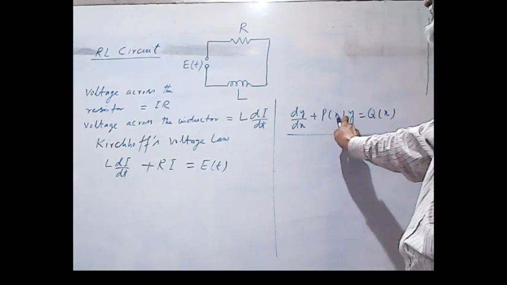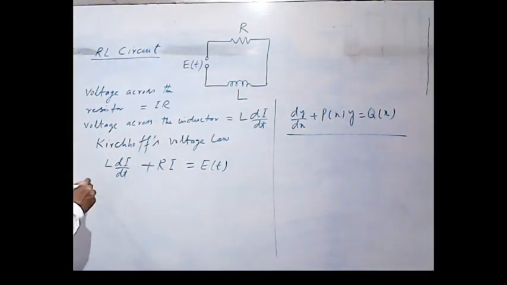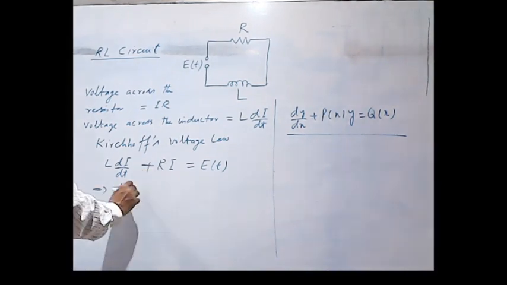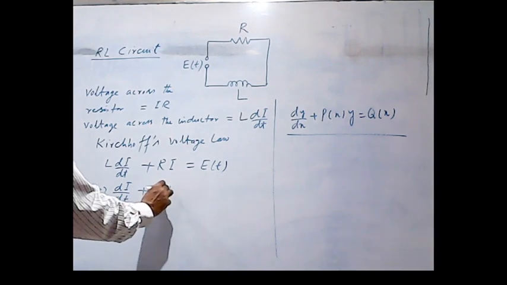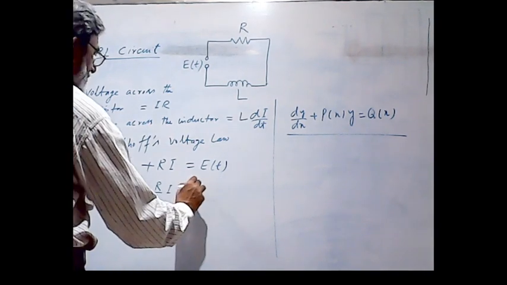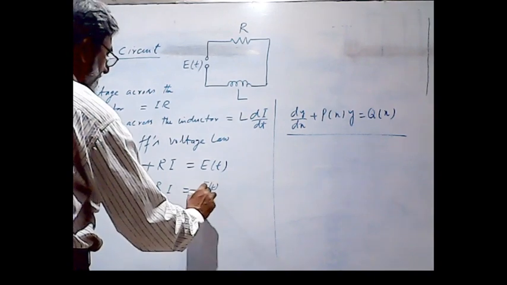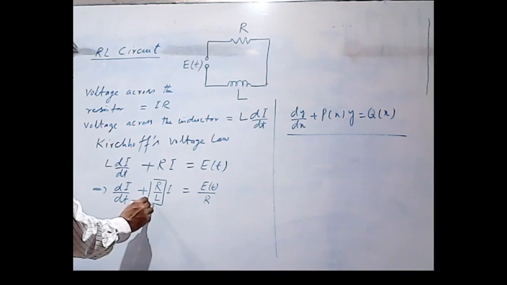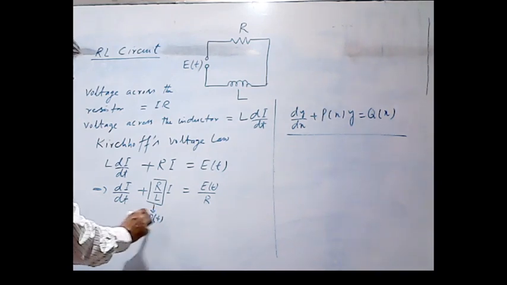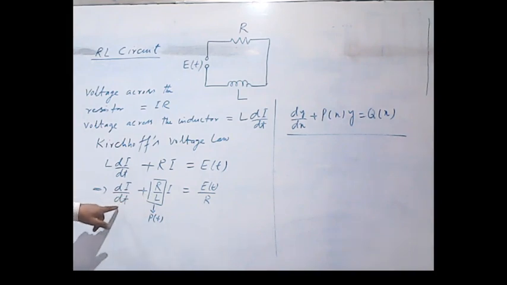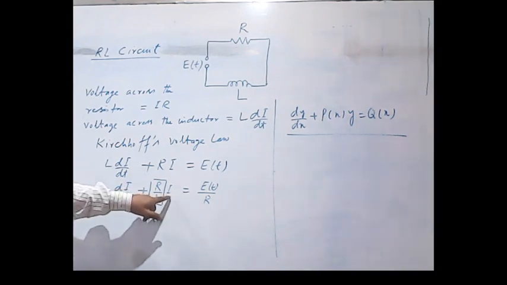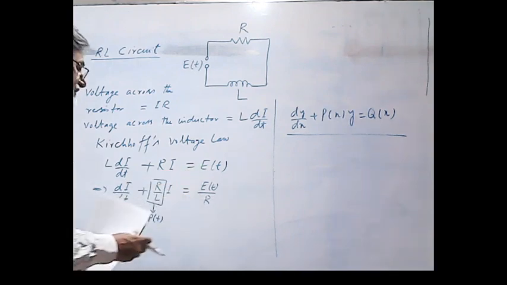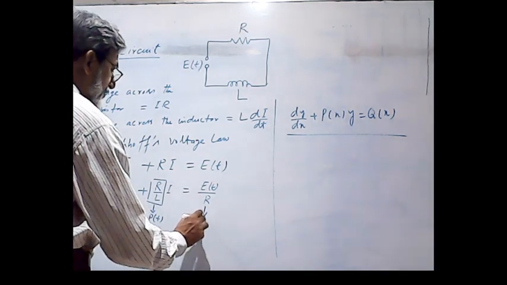By considering this general form, you can write this as di by dt plus, dividing the whole equation by L, R upon L times I is equal to E of t upon L. Now comparing this equation, this becomes E of t, a function of time, and I instead of y, a function of t. So this is our q of t.